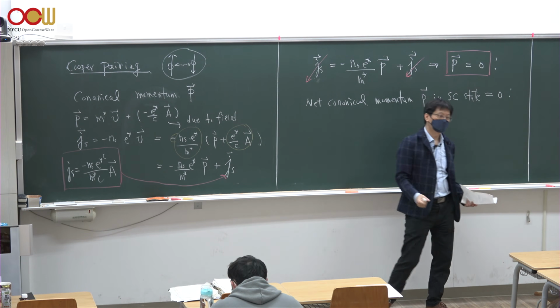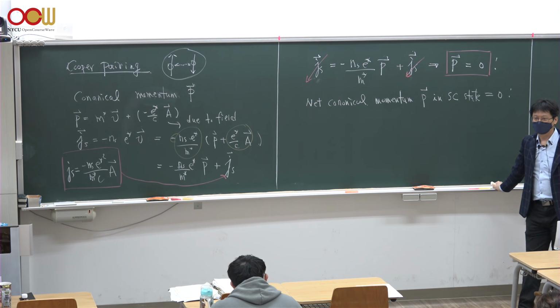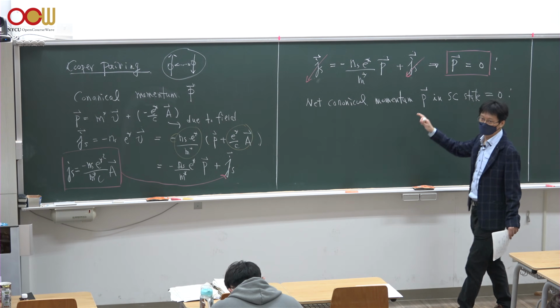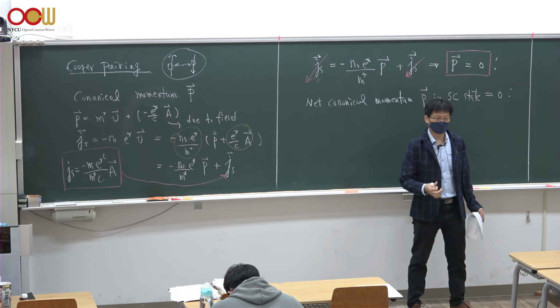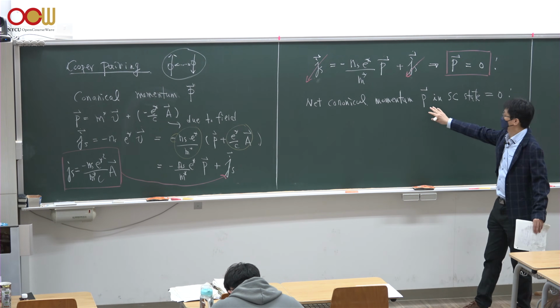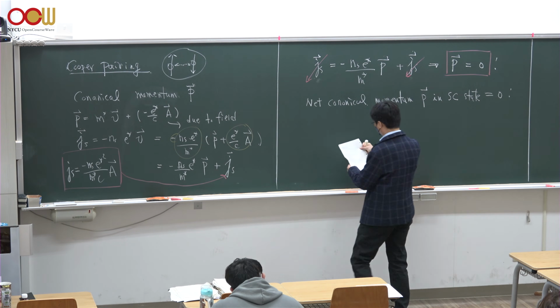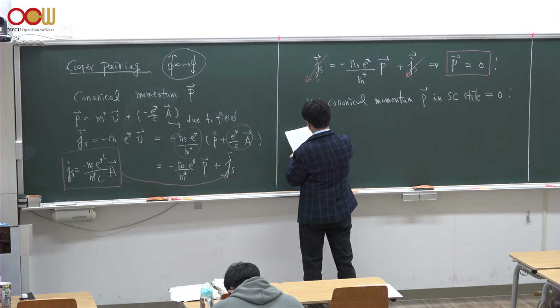So how come the momentum of electrons in the superconducting state could be 0? We just said that there's a supercurrent, a charge flow without dissipation, so there should be a finite or very large momentum for the charged particles in the superconducting state. How come this momentum vanishes? To understand this, we need to understand the following.